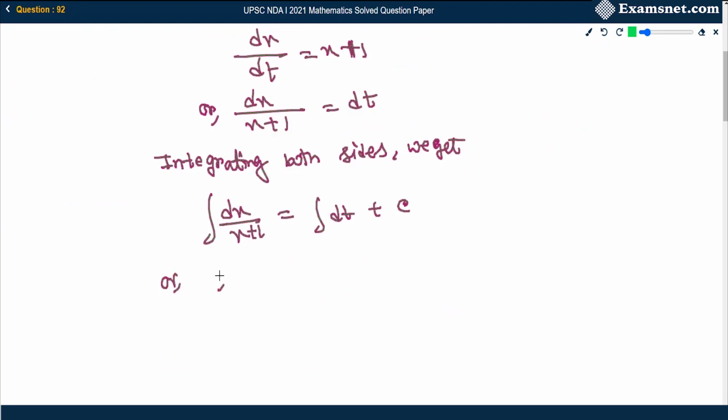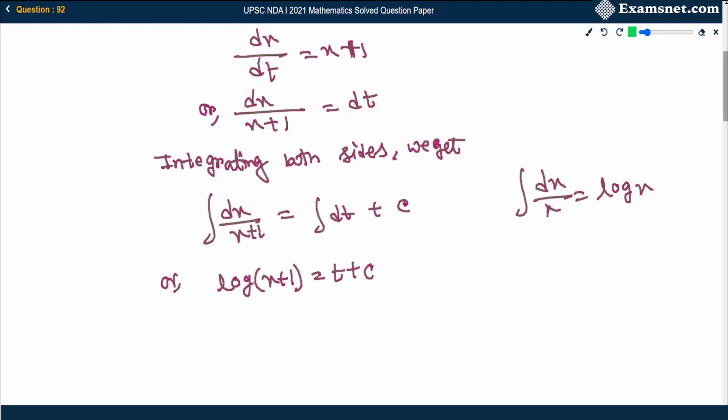So I can write log of x plus 1 equals t plus c. Remember, integral of dx by x equals log x. Since here it is x plus 1, I wrote log of x plus 1 equals t plus c.